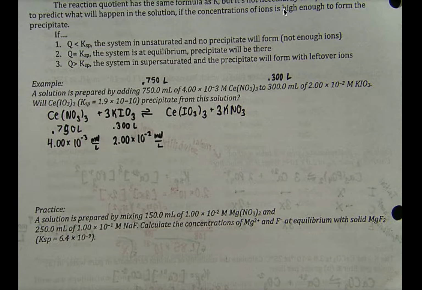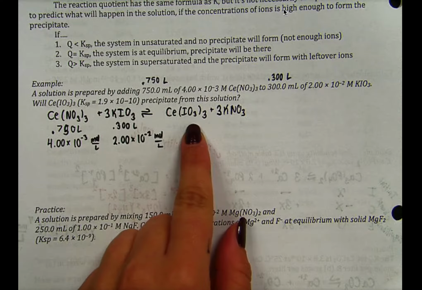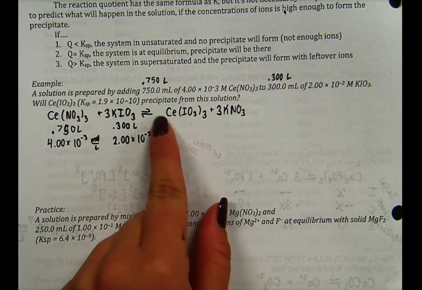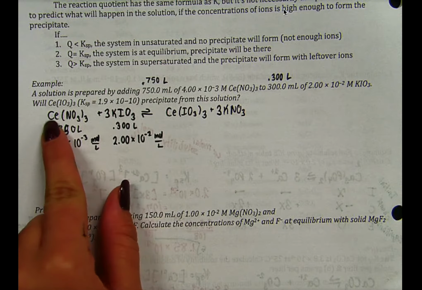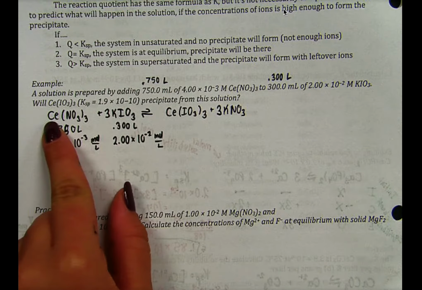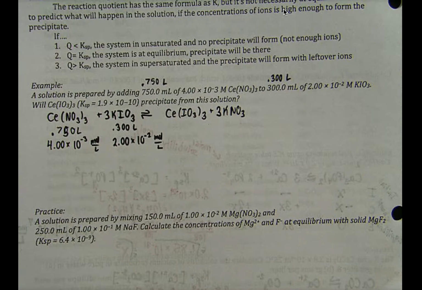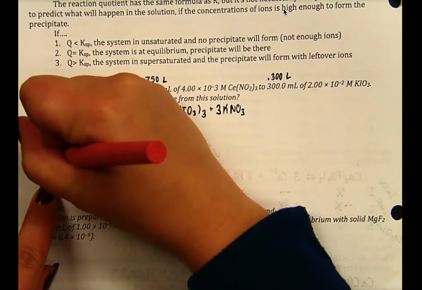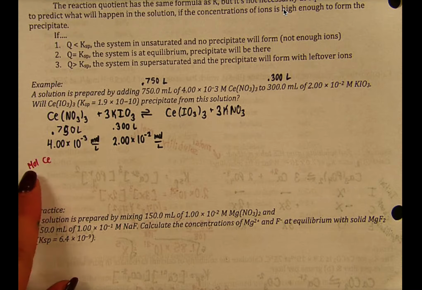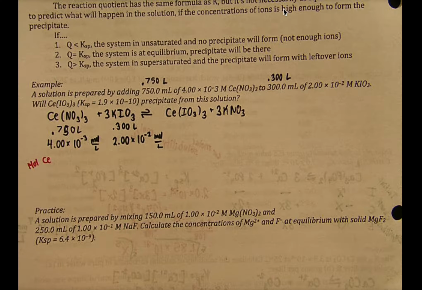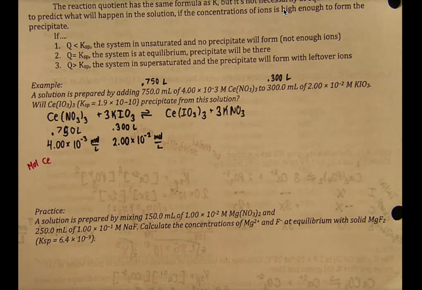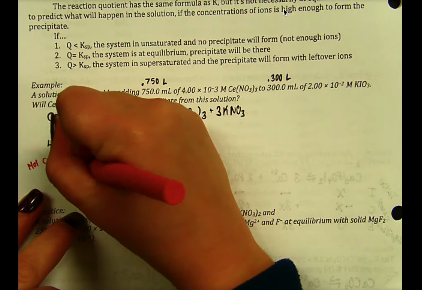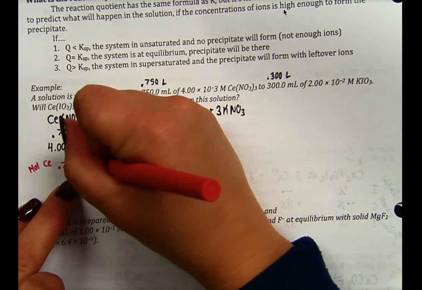Let's figure out, if we're looking for this one, how many moles of iodate we have and how many moles of cerium we have. Okay, so moles of Ce is what I'll find first. We know we have 0.750 liters of our solution.